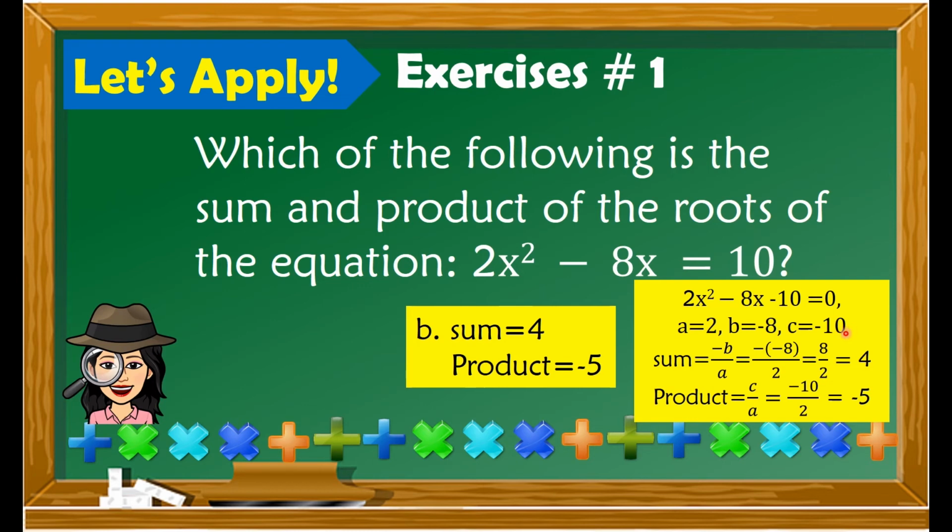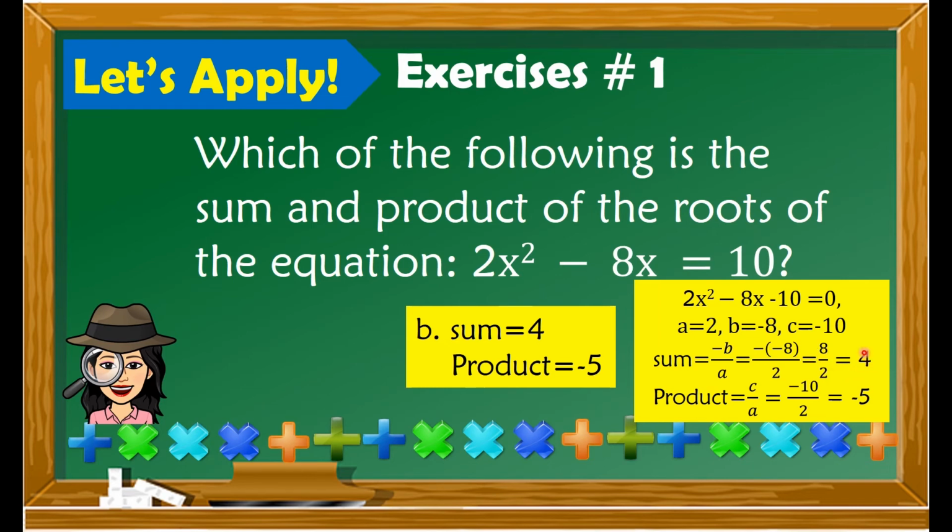Okay, now let us substitute for the sum which is equal to negative b over a. So it will become negative times negative 8 because your b is negative 8, all over 2. The negative times negative will give you positive 8 over 2, or that is positive 4.